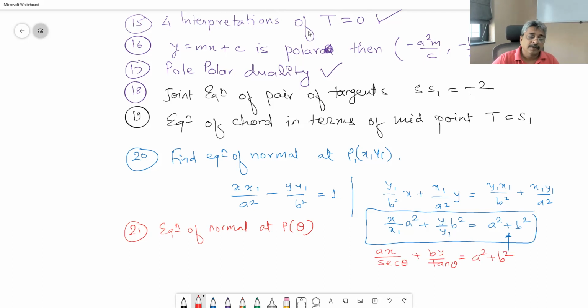Correct? Now 22. Equation of normal in terms of its slope.